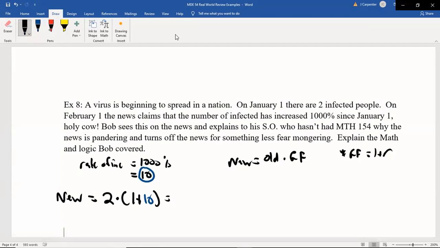Because again, the 1,000% increase as a decimal is 10. The growth factor is 1 plus the rate of increase as a decimal. Well, 1 plus 10 is 11, so that's 2 times 11, which is 22. So on February 1st, there's 22 people infected.